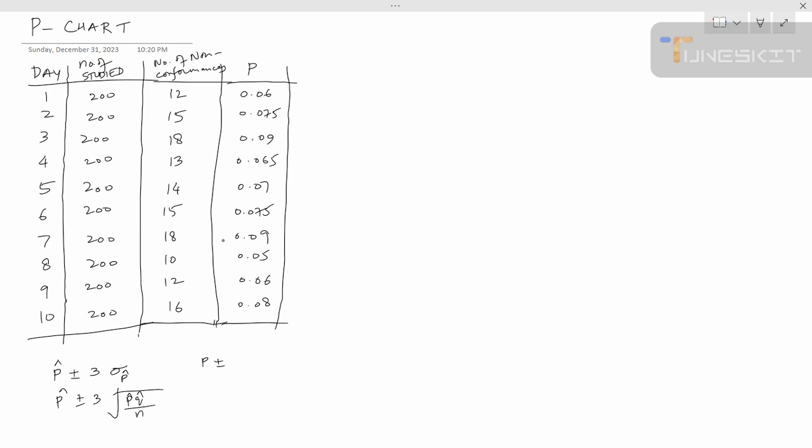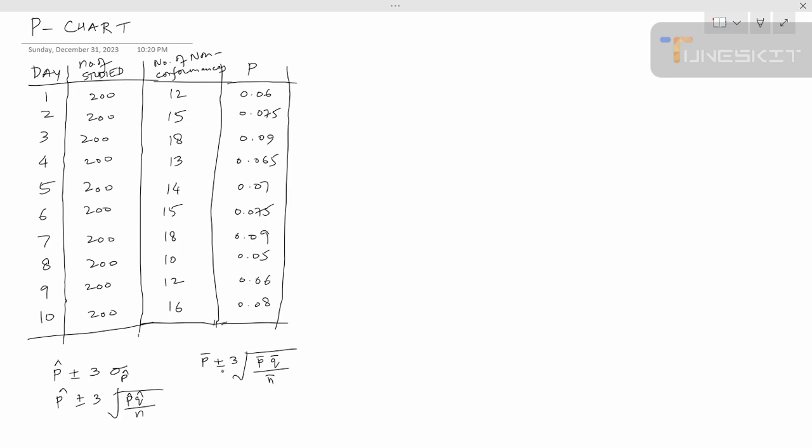P is our random variable, so a consensus value we can obtain from all the values of p, or a unique value, is the mean of proportions. So p bar is our variable. So 3 times the square root of p bar multiplied by q bar and divided by n bar.